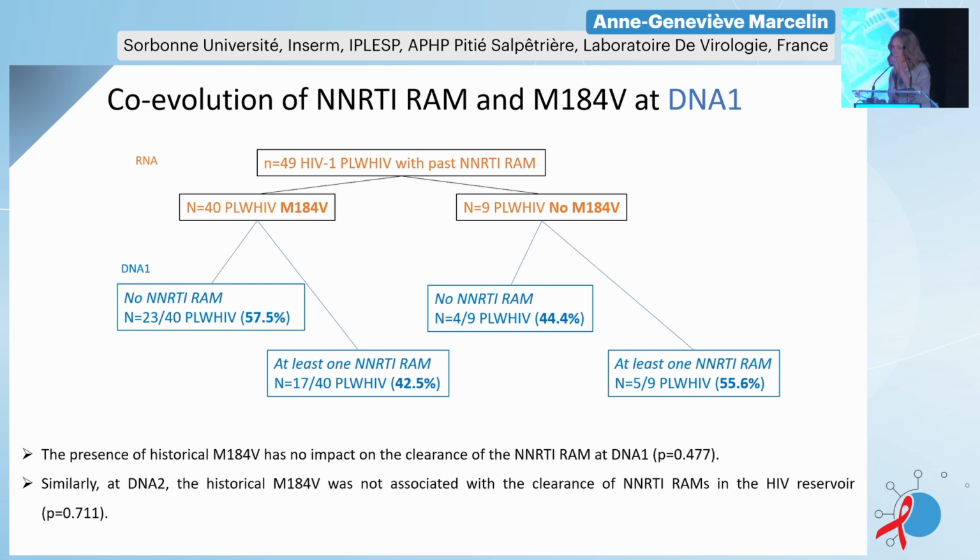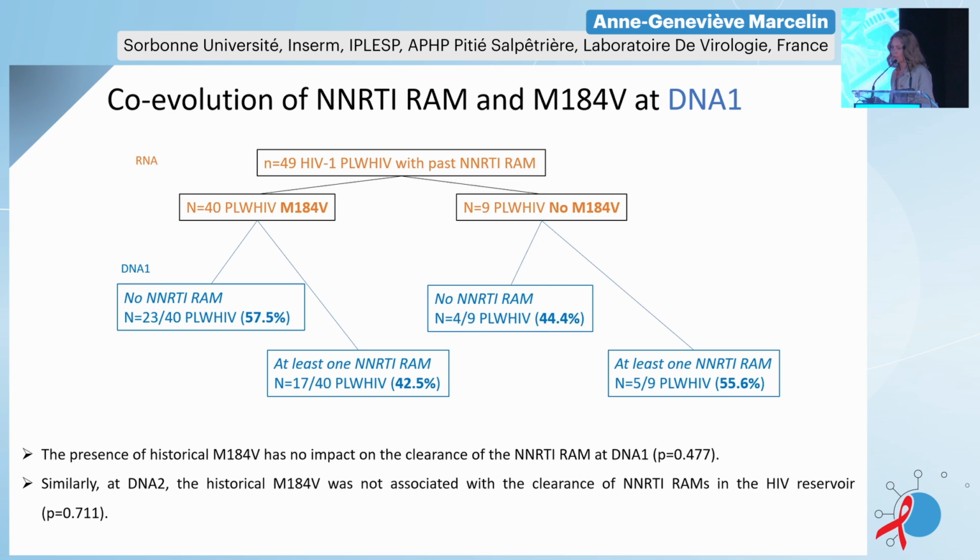If we look at the coevolution of NNRTI resistance-associated mutations and the 184V at DNA1, you can see that among the 40 patients who had the 184V in addition to the NNRTI resistance mutations, 57% had no NNRTI RAMs, and it was the same for the patients who did not harbor the 184V in addition to the NNRTI RAMs.